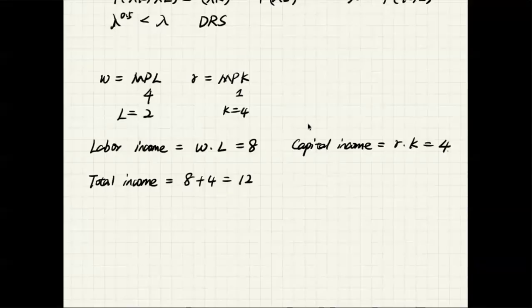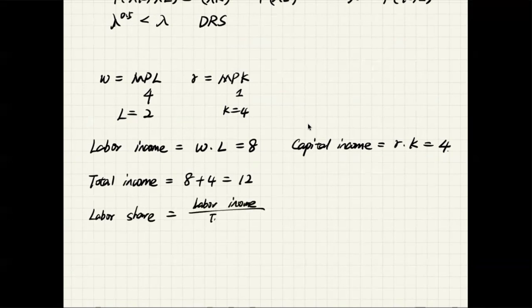Now, what do you know about the labor share? The labor share is just the labor income divided by the total income, which is 8 over 12. You can use decimals, it doesn't matter.